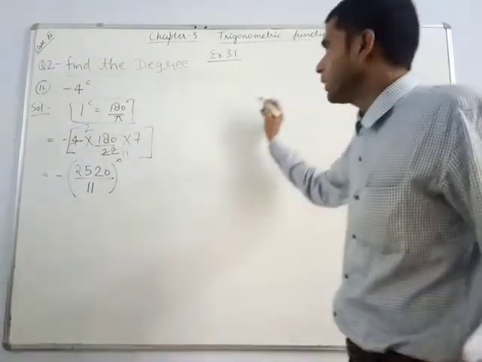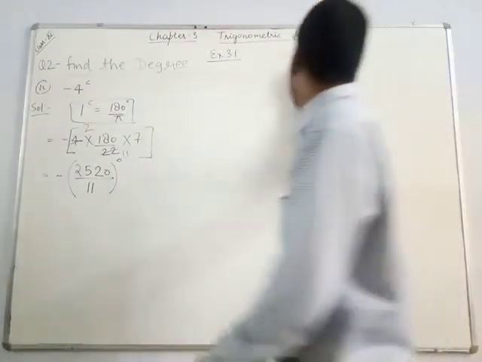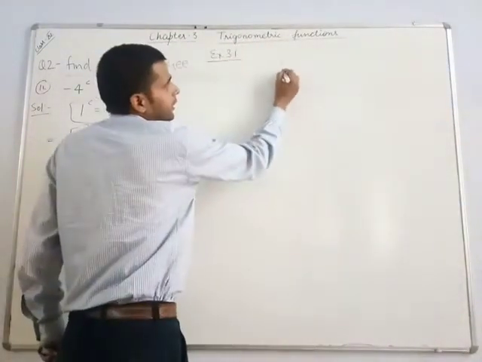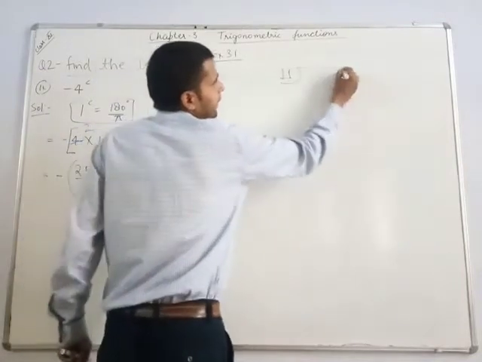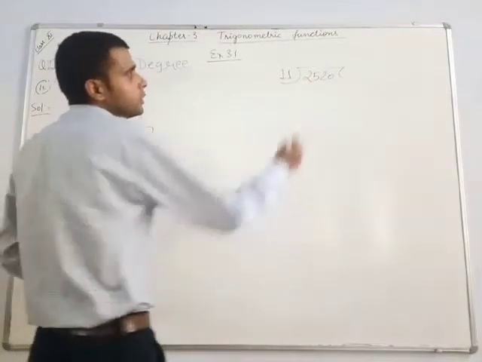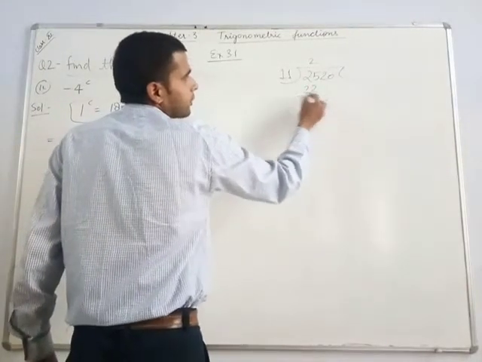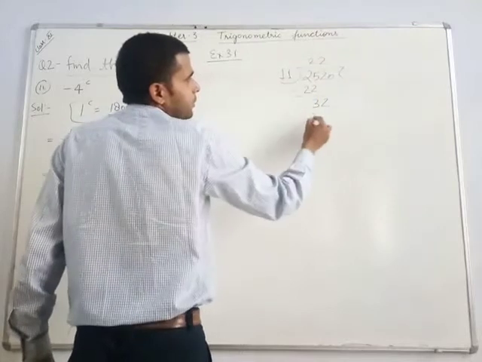So when 2520 is divided by 11, see this.